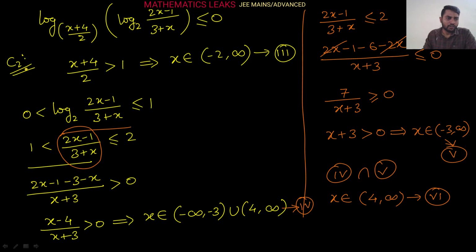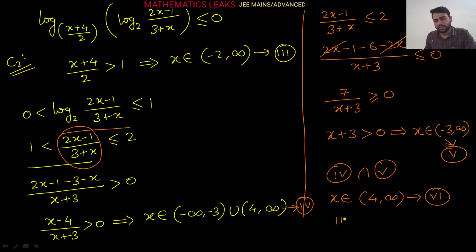Now according to case 2, the base should be greater than 1 and this argument should be in between 0 to 1. So the argument is in between 0 to 1 for this x value. The base is greater than 1 for this x value, (−2, infinity). So we have to take the intersection of 3 and 6.